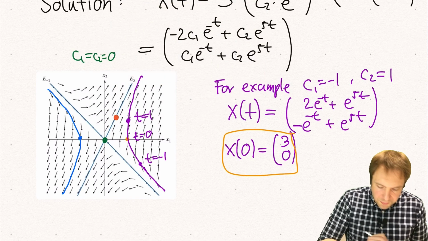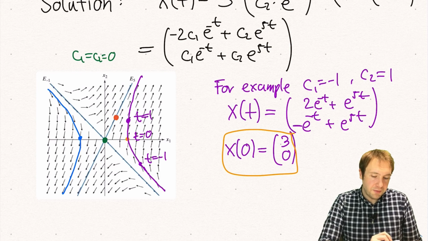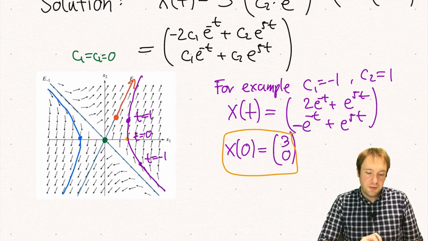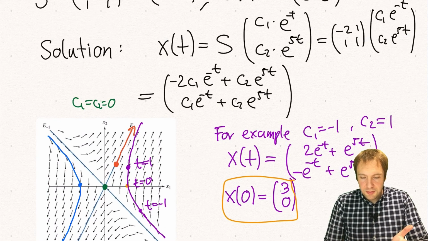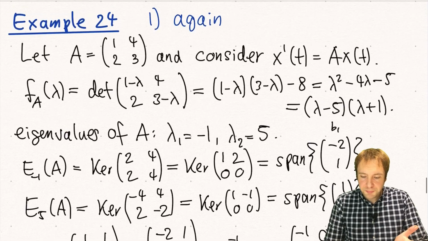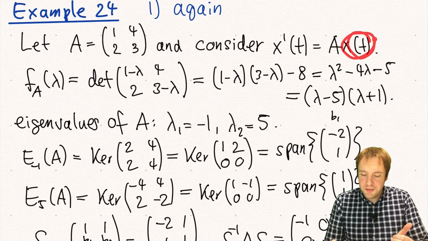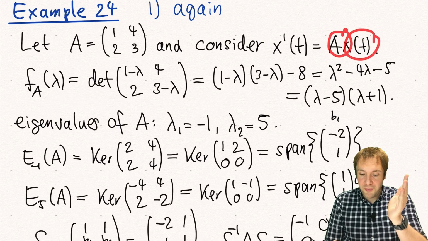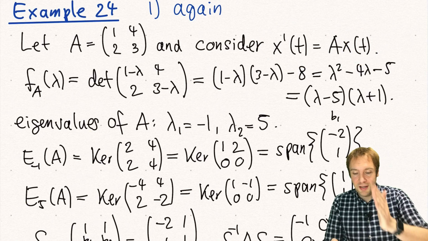So if, for example, I have a point on this line here, on one of these eigenspaces, then you will see that the curve runs exactly along this eigenspace, because these are eigenvectors of this matrix A. This equation says here that if you are already on this eigenspace, then the direction should also be in this direction, because you have an eigenvector.